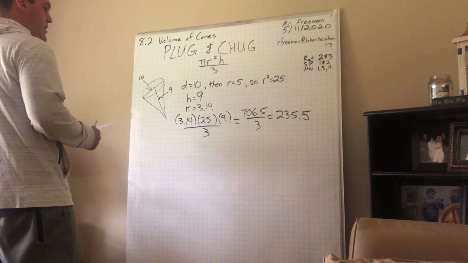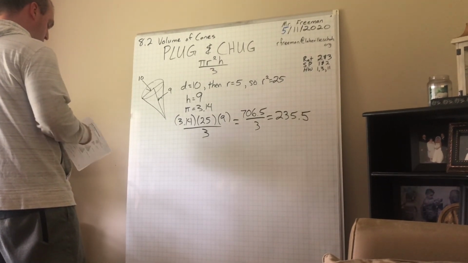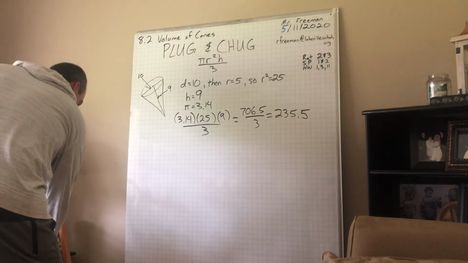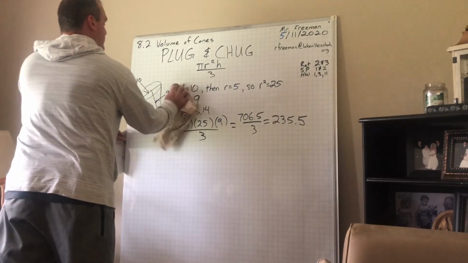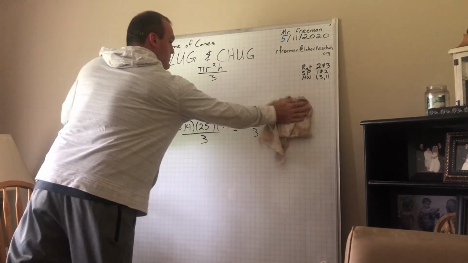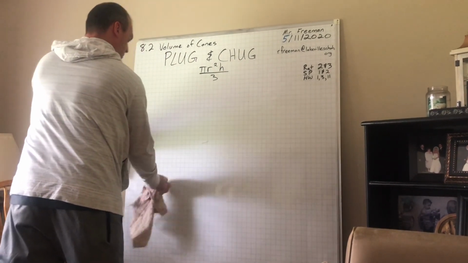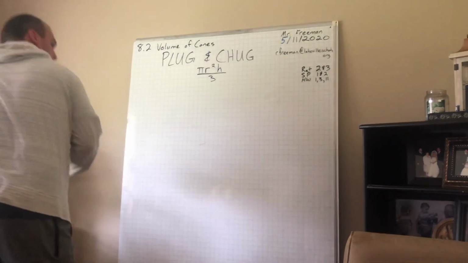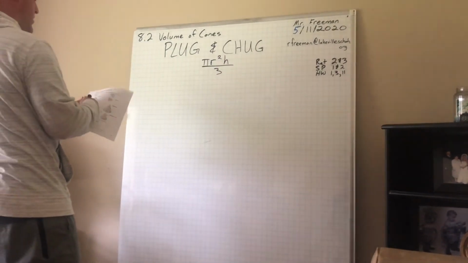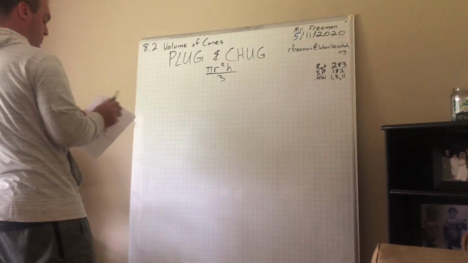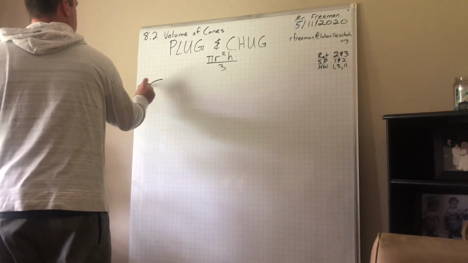So getting to the last page of your homework, we're going to do 3 problems on your last page. We're doing number 1, which is an upside down cone. Looks just like this.